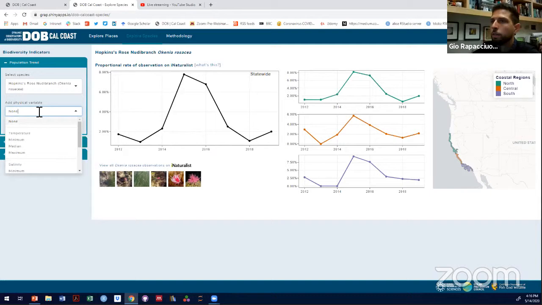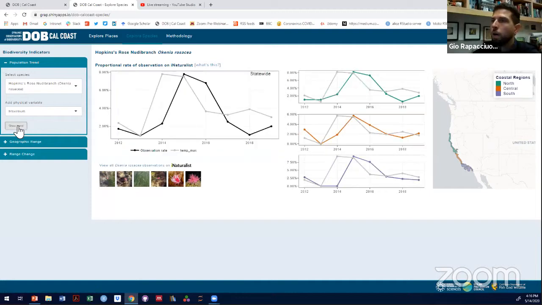And so we can start testing that hypothesis by plotting, for example, maximum temperature on that curve. And this is the figure that we saw in the presentation earlier. And here temperature is unitless. It has been rescaled between minimum and maximum to show you the pattern of fluctuation here, so that you can compare them directly.